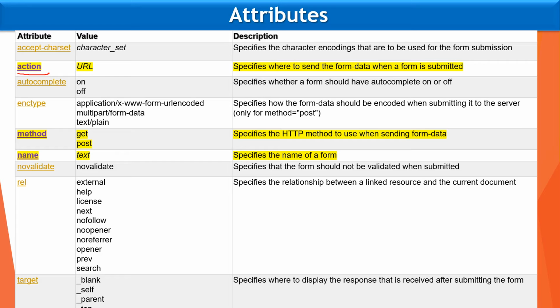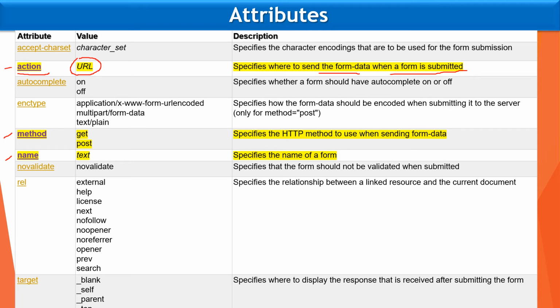But the very important three attributes are the action, the method, and the name, which are highlighted here with the yellow color. The action will give the value of a URL. URL is a uniform resource locator that specifies where to send the form data when a form is submitted.